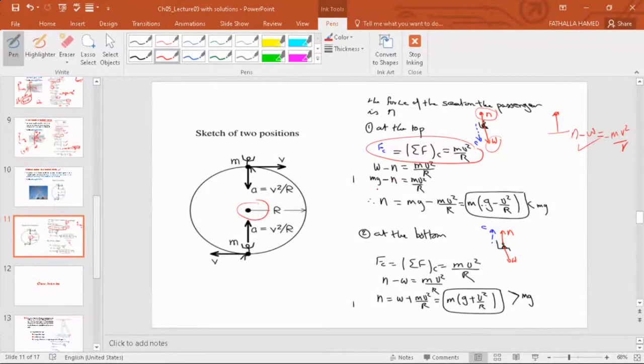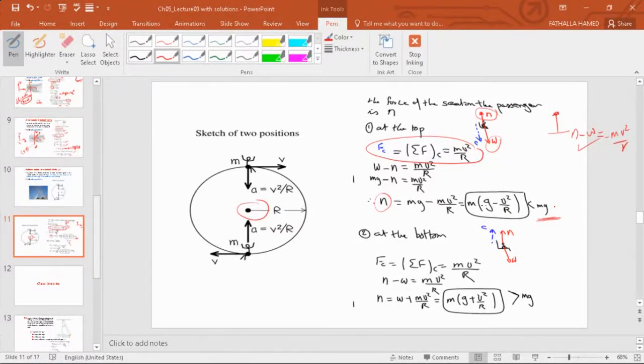The weight, mg, minus the normal force is equal to mv squared over r. So if I want to get the normal force here, it will equal mg minus mv squared over r. You can take the m as a common factor, so it will be m times g minus v squared over r. And this is, of course, less than the weight.